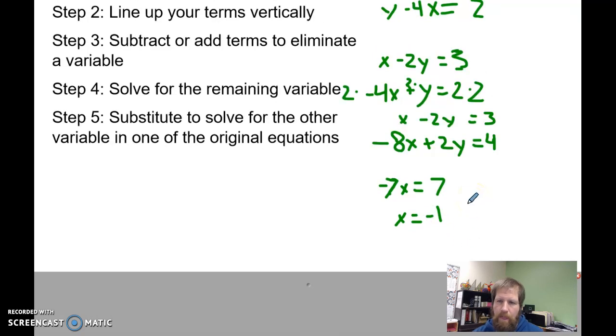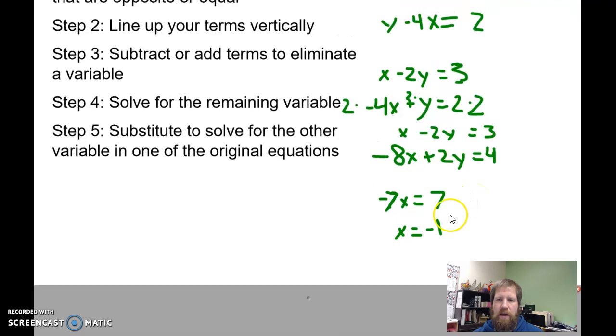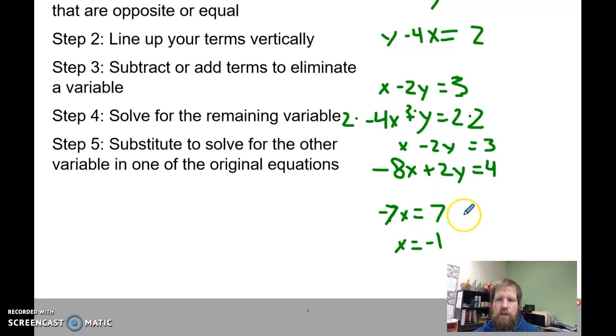Now I'm going to go back up, and again I want to go to the equation that has the y isolated, or the one where you have y with a coefficient of 1. So I've got y minus 4 times negative 1, so minus 4x equals 2.